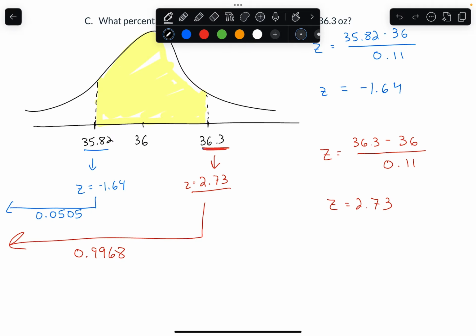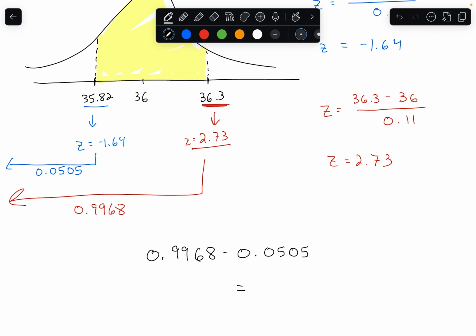I'm going to take the larger area minus the smaller area. So 0.9968 minus the area that we want to take away that we don't want, 0.0505. This will leave me with only the area in the middle.